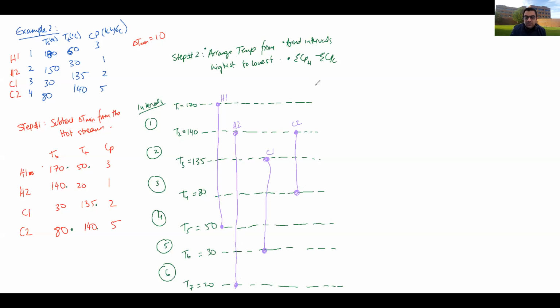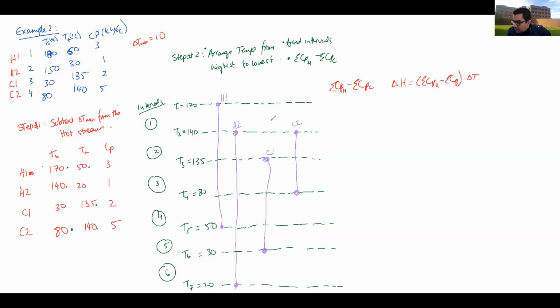So now let's calculate the required parameters. I'm going to calculate summation of CP hot minus summation of CP cold for each interval. I'm also going to calculate delta H, which is equal to summation of CP hot minus summation of CP cold, multiplied by delta T. So let's have a look here.